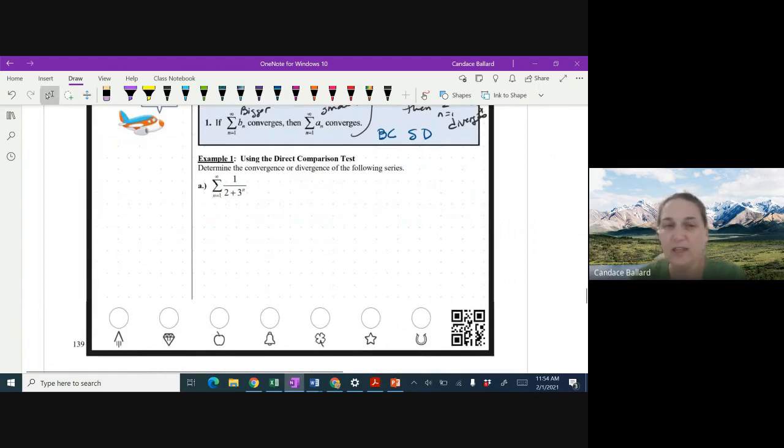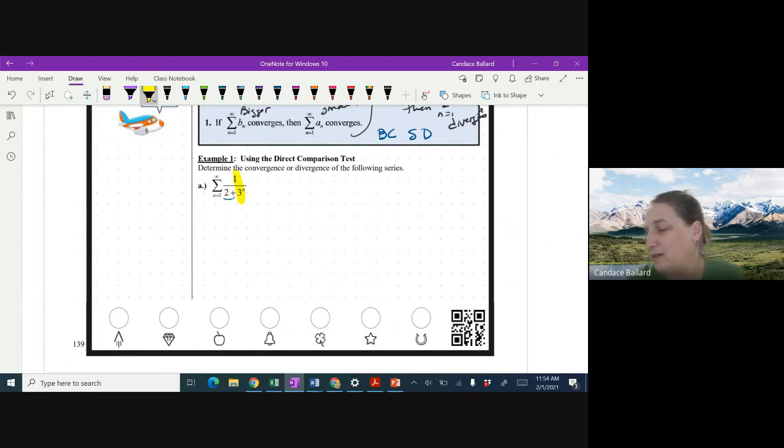All right, so we're going to look at this, and these ones are kind of frustrating because you have to start getting good at looking for the series that's there. Okay, so I have to find a comparison series. I typically will try to knock something off, because remember, when you're going to infinity, things like this can get knocked off, because infinity makes things big. I'm looking for something simpler.